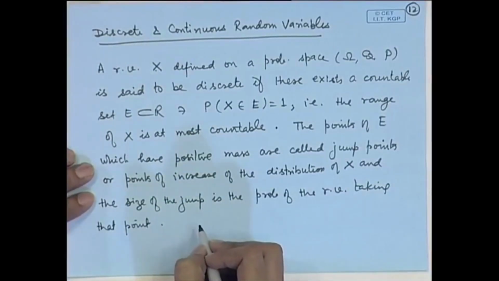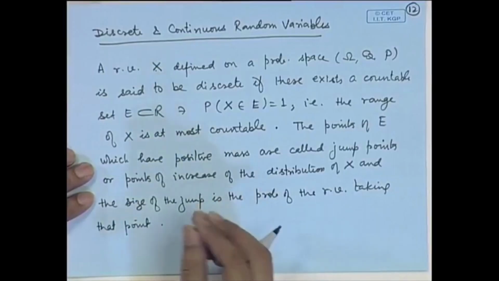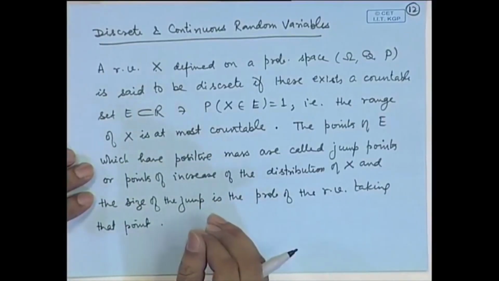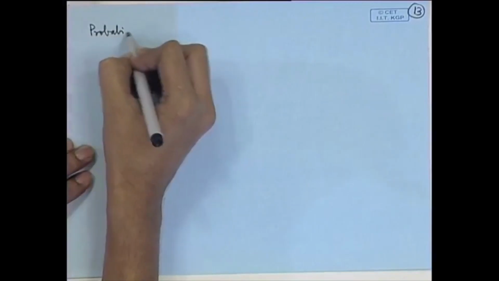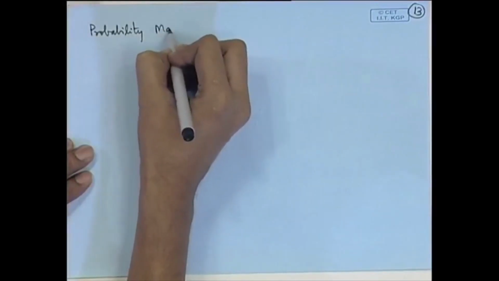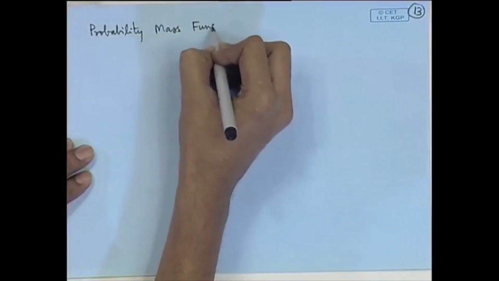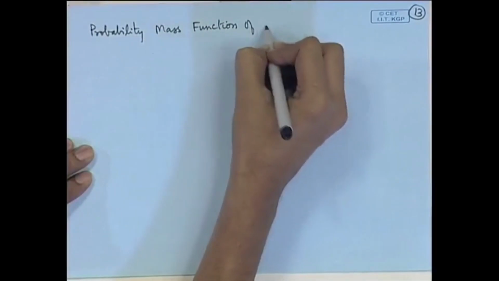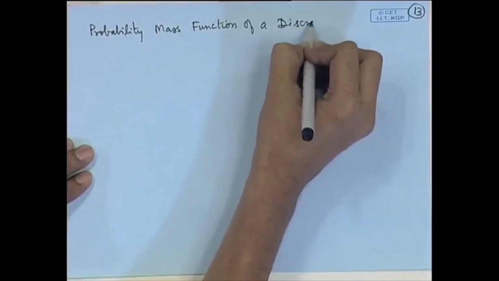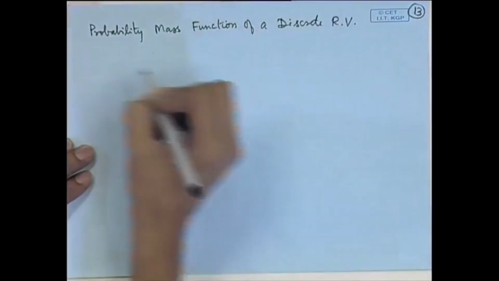So, the probability distribution of a discrete random variable is defined by a mass function. That means the probability of the random variable taking a particular value, say x_i, where x_i belongs to a countable set E. We call it a probability mass function of a discrete random variable.